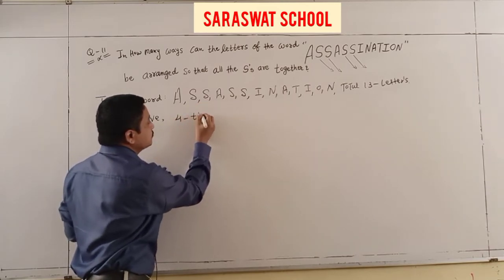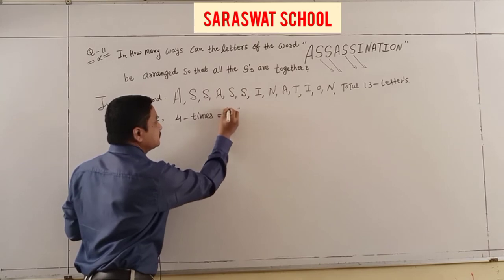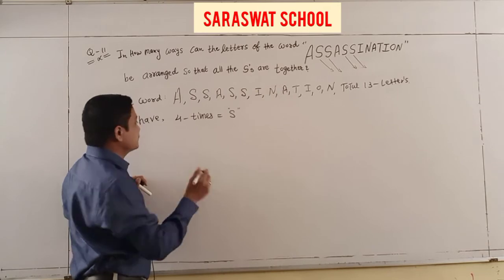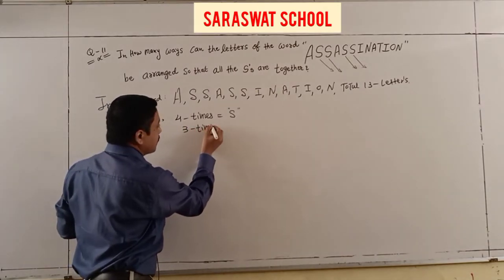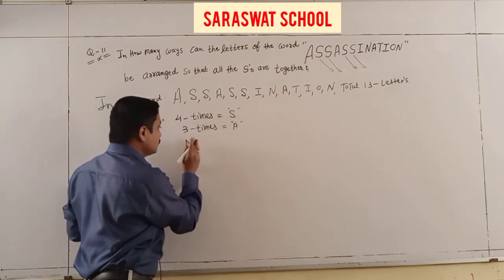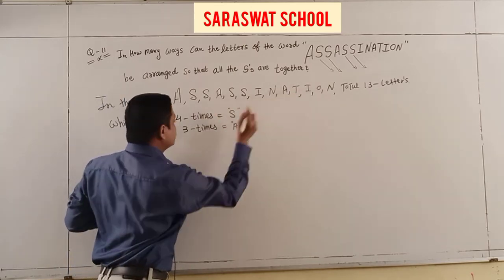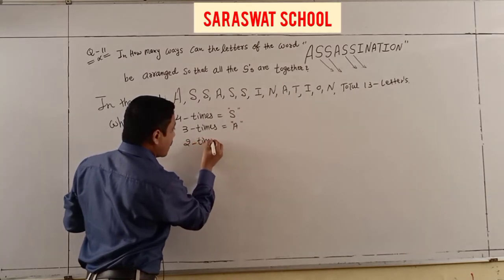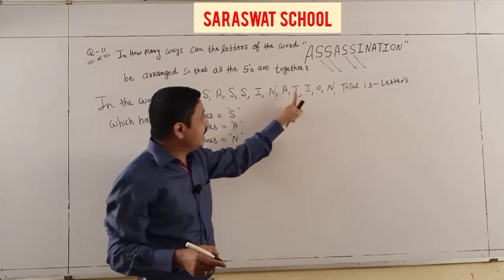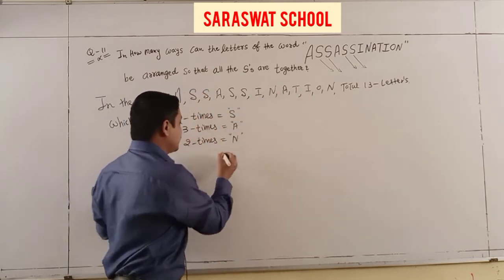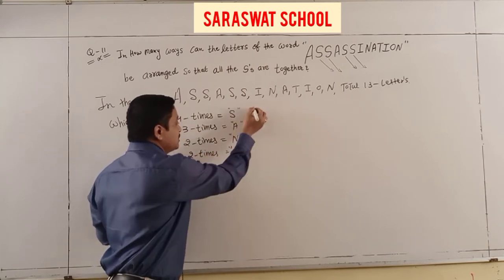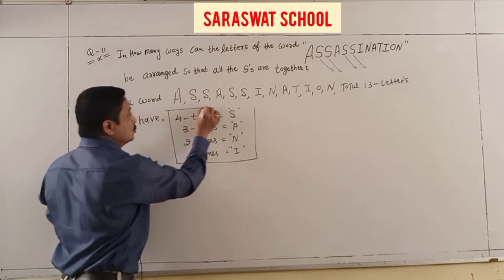Now A, 3 times. Now N, 2 times, and I also 2 times. And those are the given values of your question.